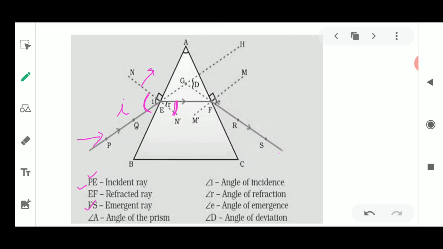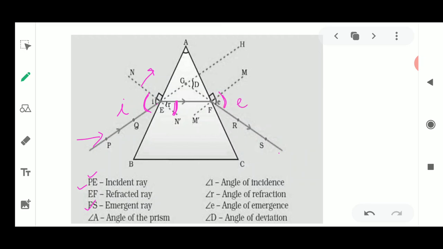Where does this angle of emergence take place? It takes place because the light ray is passing out from the other side of the prism, not the lens.